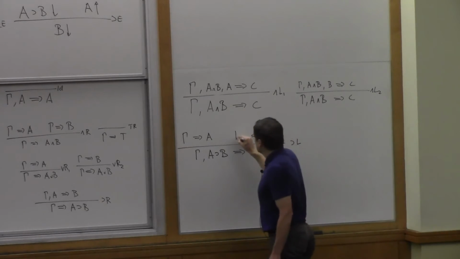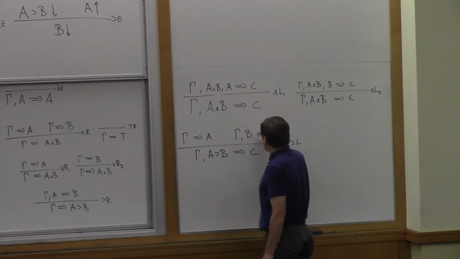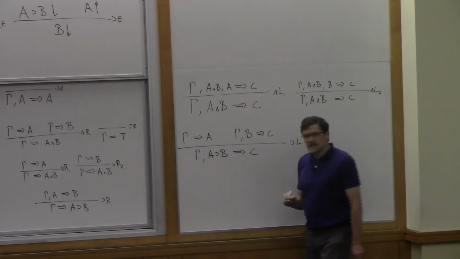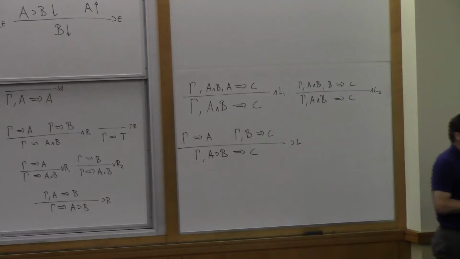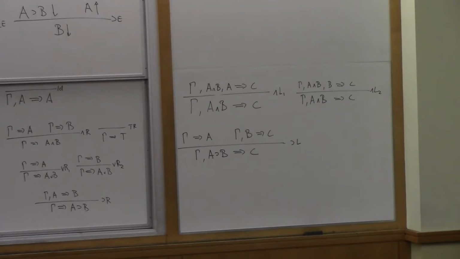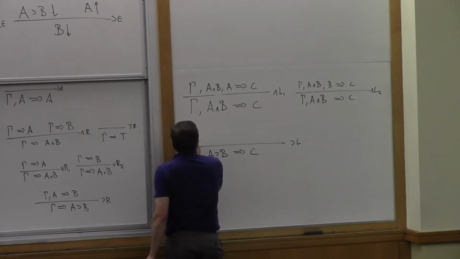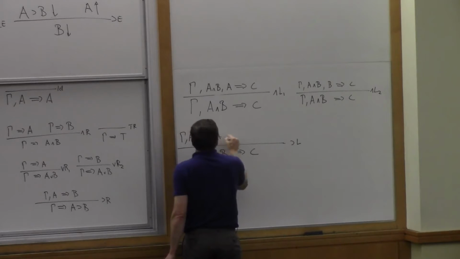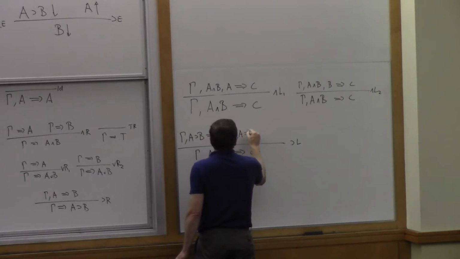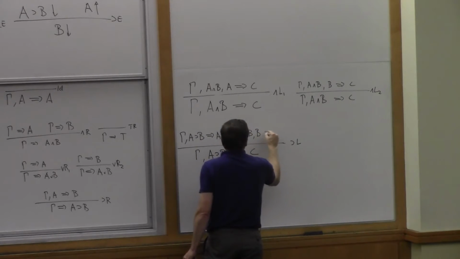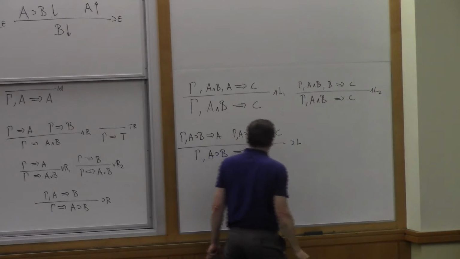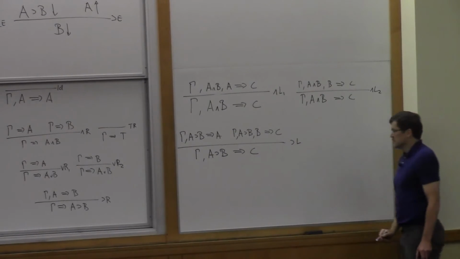B. So I can take gamma and I add B to it and I prove C. Okay, except I made a mistake here, same mistake I made with conjunction. Right. So let's redo it. So I keep A implies B, and I try to prove A, and I keep A implies B, but I add B, and then I get C. Okay, so that's the left rule for implication.